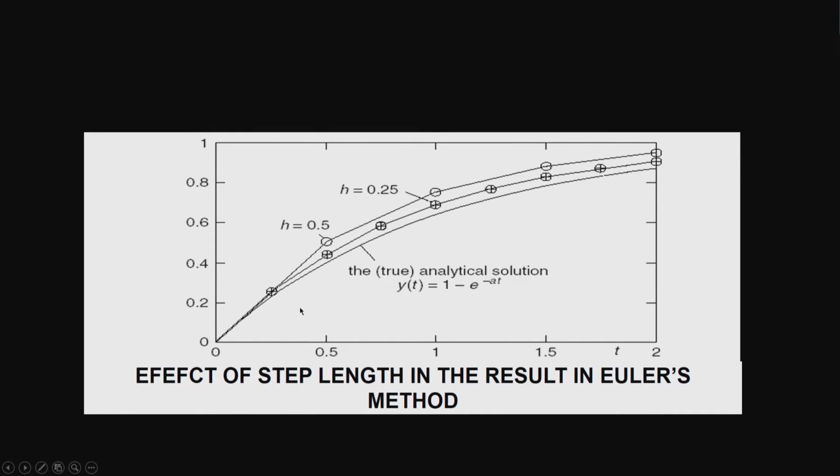So, if I have a larger step length like I showed you in the Excel, suppose this is the true value, this is the true value, okay. If I have larger step lengths, okay, especially for an equation like this, 1 minus e power minus at, 0.25 step length, as you can see it is deviated. If I have taken 0.5 as my step length, you can see it is deviated much more.